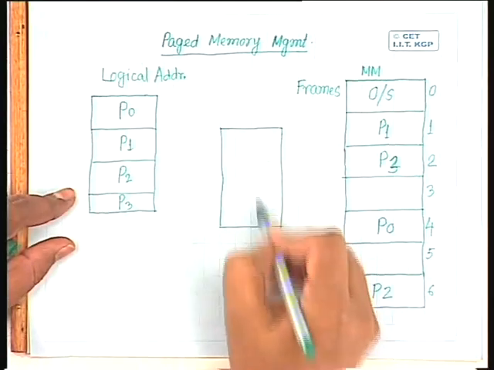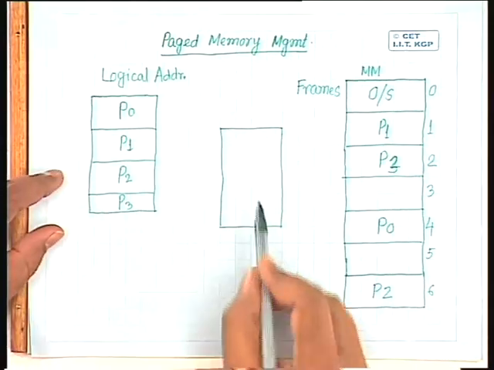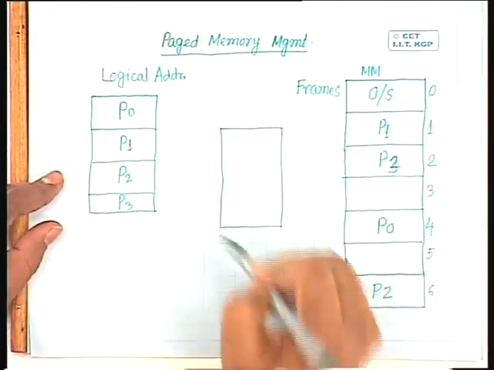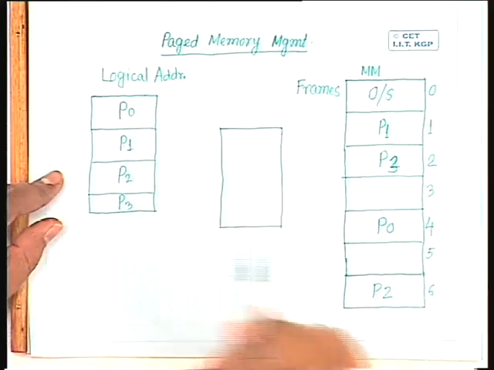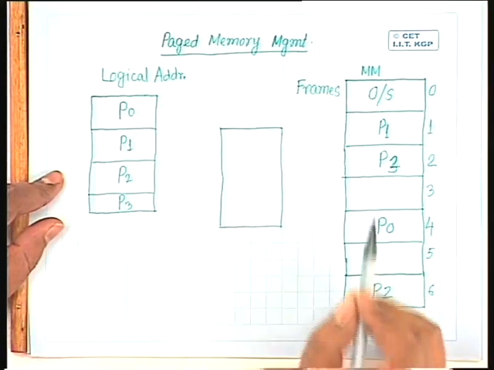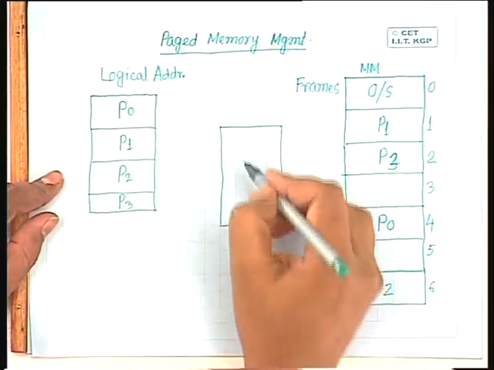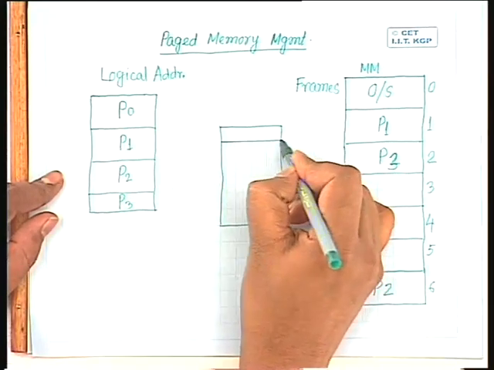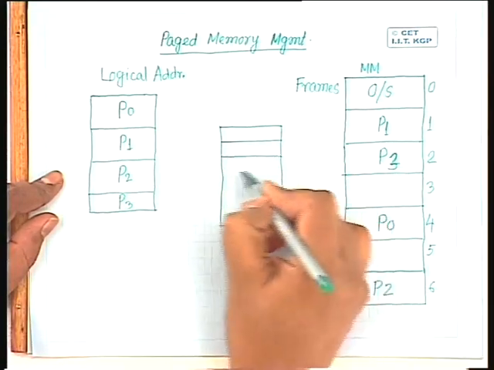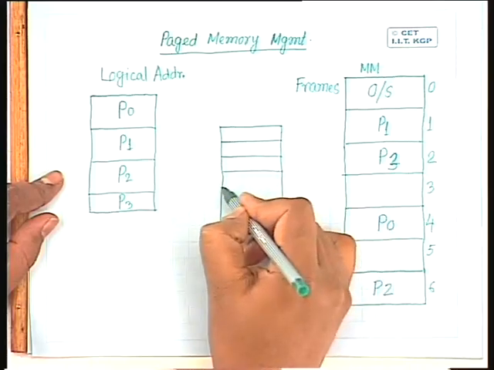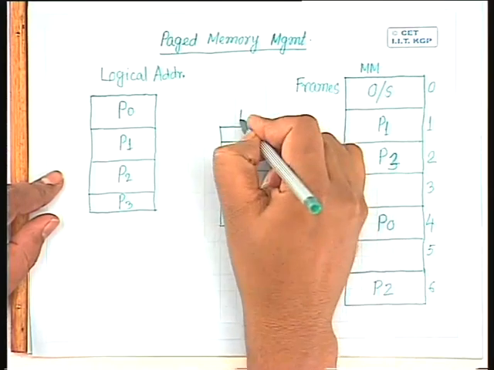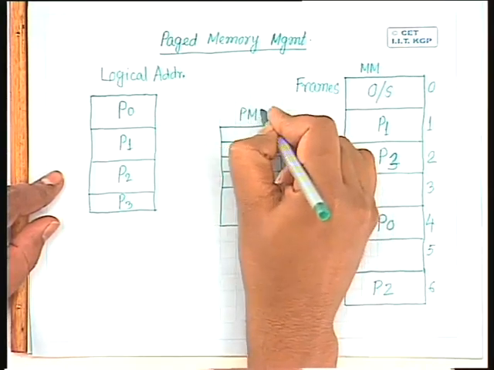So what is the content of this page map table? The page map table will have an entry for every page of the logical address space. Since there are 4 pages in this logical address space, there will be at least 4 entries in this page map table. So this is the page map table.